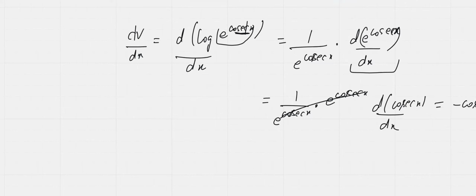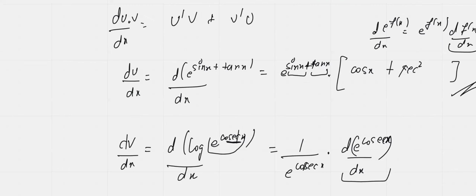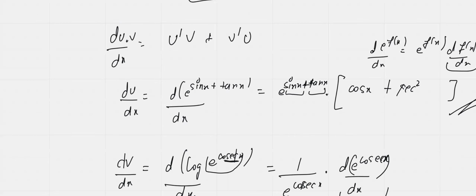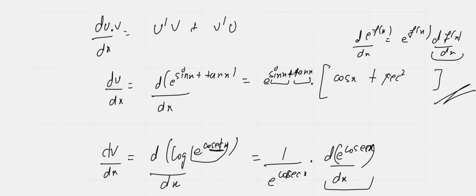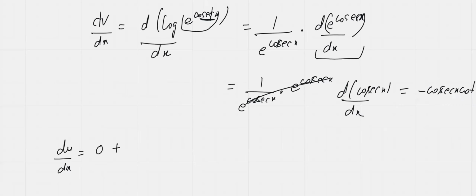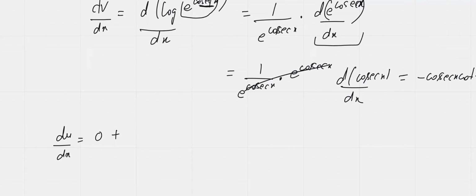If I merge the whole thing, what I'm going to get is dy by dx equals 0 plus the differentiation of u v. First, u dash: e to the power sin x plus tan x, cos x plus sec square x.